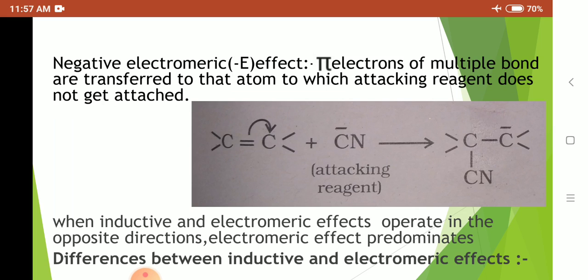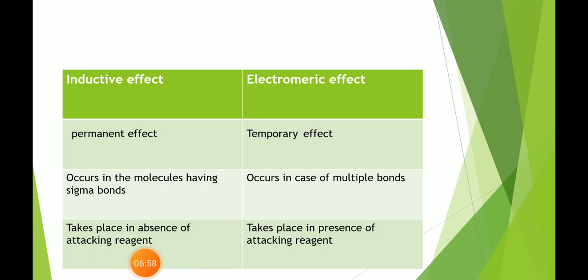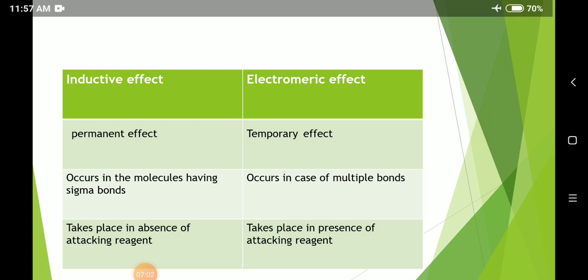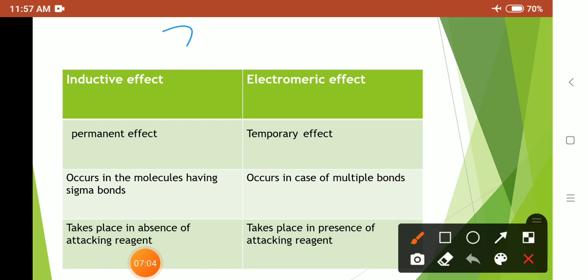Then the differences we are studying, which is very important, differences between the inductive and electromeric effects. This is a very important part which will definitely be asked in your exam for 3 marks. So first point is, inductive effect is a permanent effect, because it takes place due to the atom or group present in that molecule only.